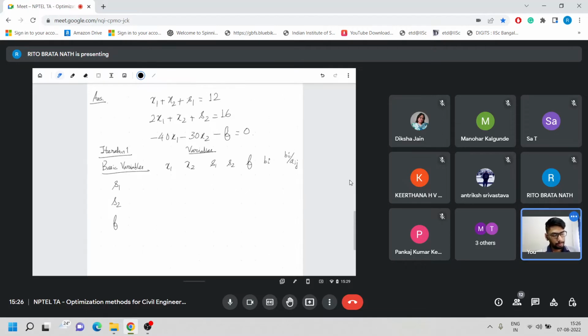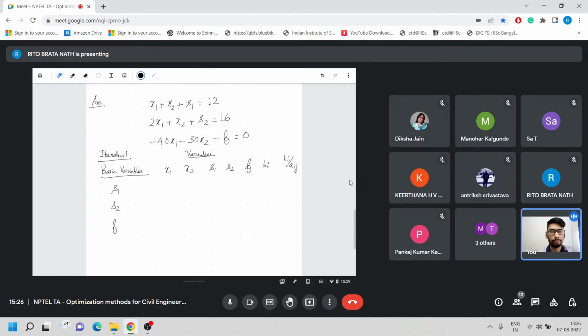Now, just tell me what to fill here. In the first row, which contains S1, tell me what should go in each of these columns. Anyone can unmute and tell me. Okay, that's correct.